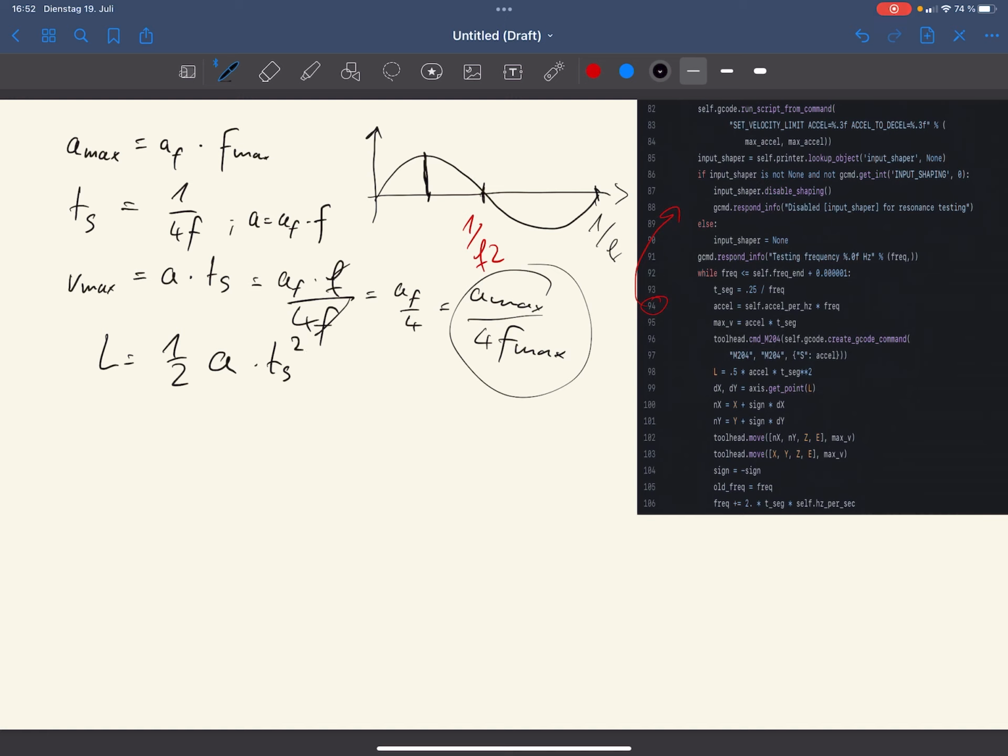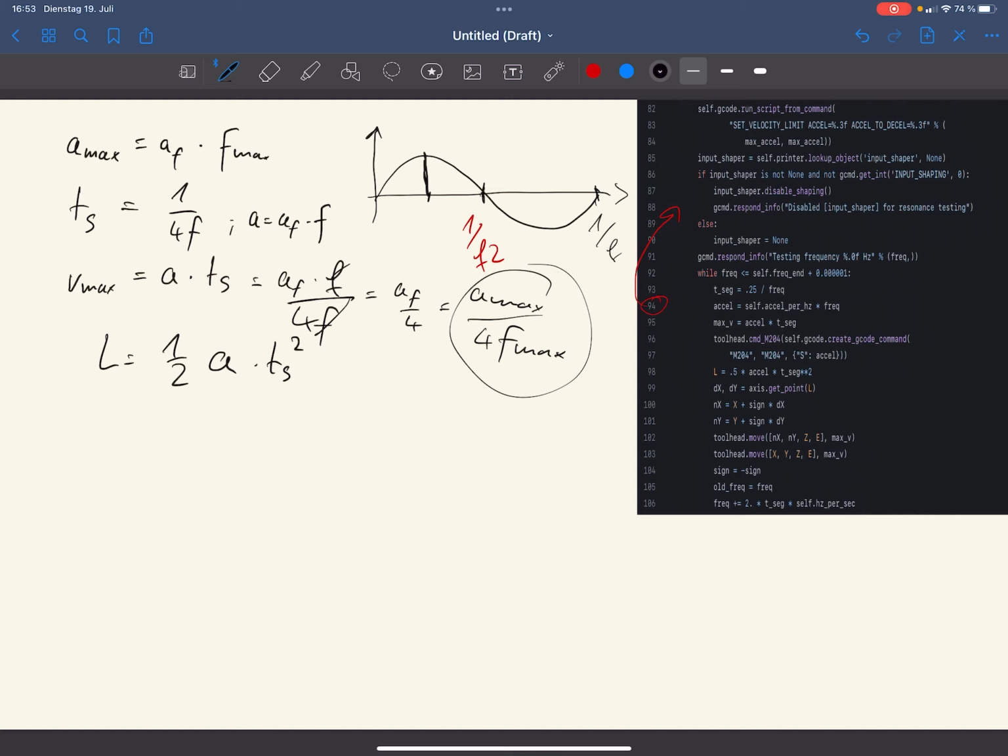So we had this segment time, and that's just the distance it takes to reach the maximum velocity we defined here, and the length is also the time of 1/4f if we're constantly accelerating.